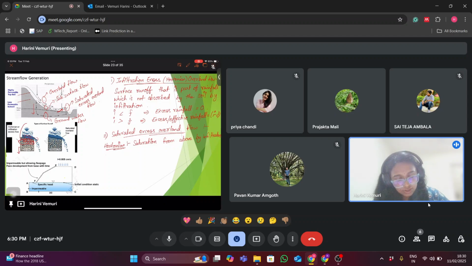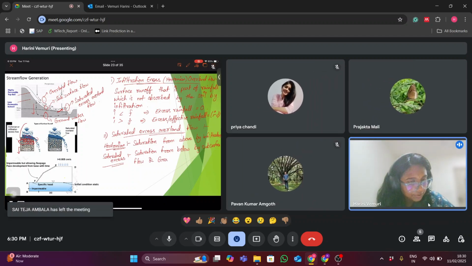And in case of saturated excess, saturation from below by subsurface flow or groundwater flow.